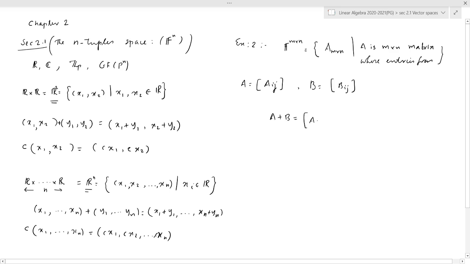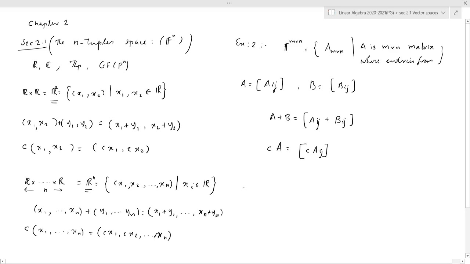The corresponding entries are obtained by adding the corresponding entries of A and B. So the ijth entry of A plus B is aij plus bij. This is the vector addition defined on F m by n. And the corresponding scalar multiplication, cA, is the matrix c times aij. If you multiply all the entries of A with c, you will get the matrix cA, that is defined to be the scalar multiplication. So this is a nice example.